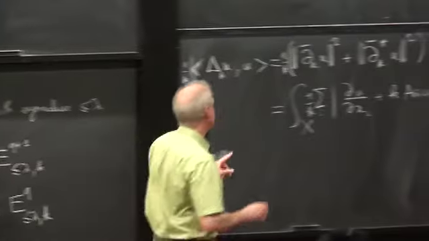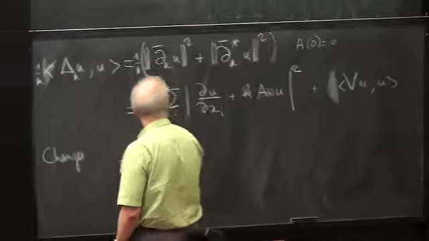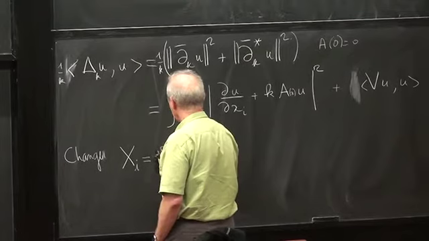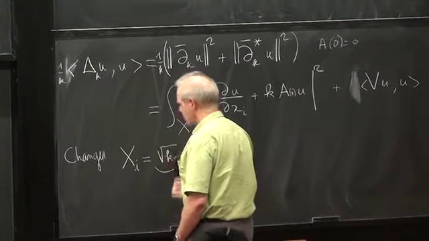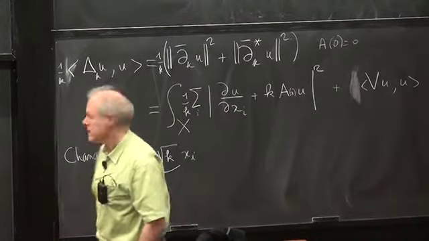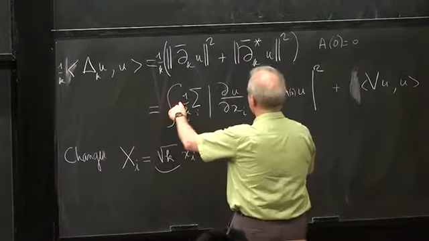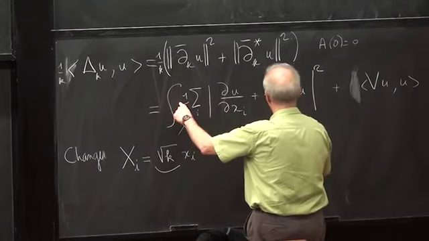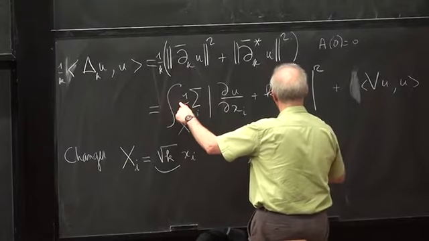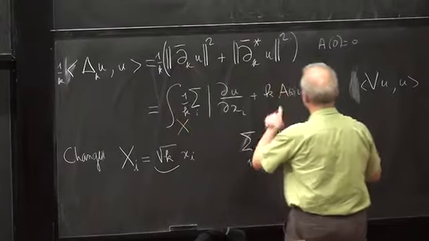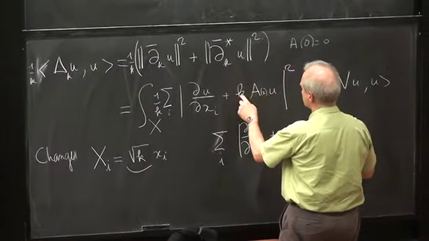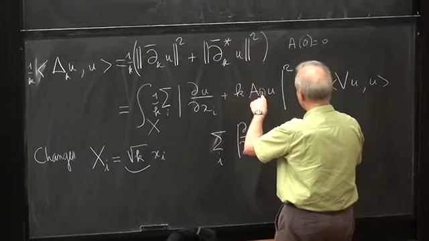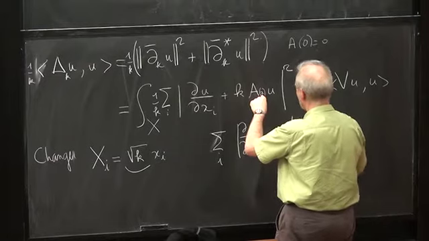Okay, and then you change coordinates and you put capital Xi equal to square root of k times xi. So you zoom by this factor square root of k. And then you see that this sum becomes the sum over i of du over d capital Xi plus, now this is 0, so you divide by square root of k, and then you obtain the derivative essentially of a prime at 0.